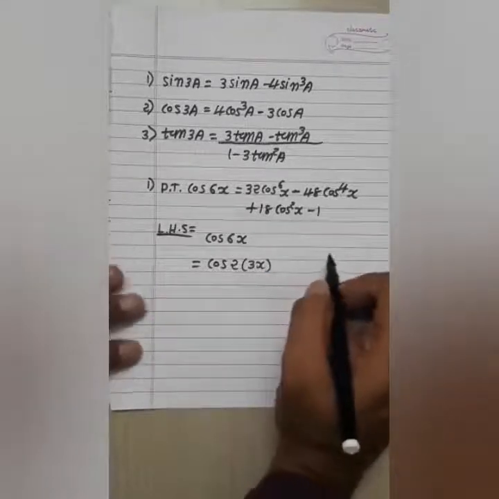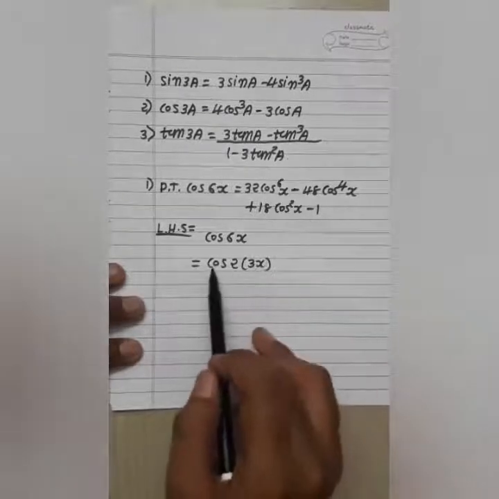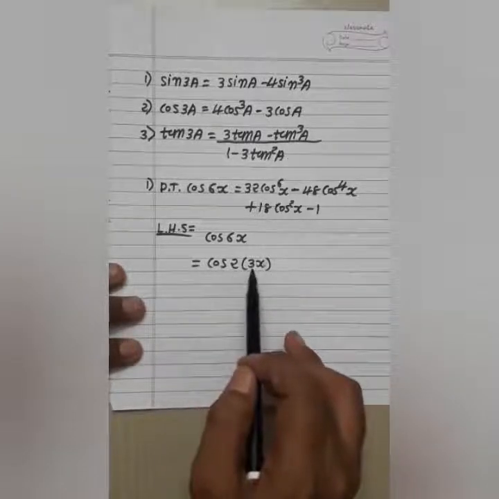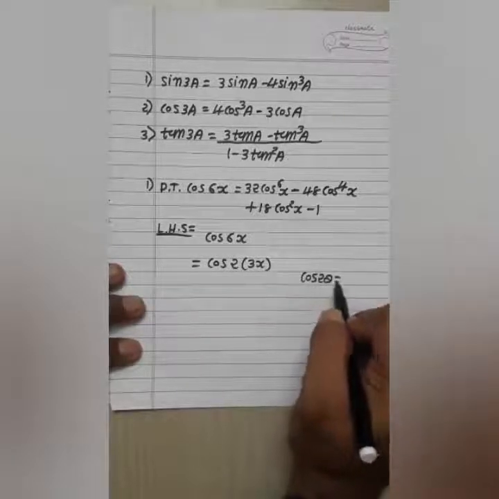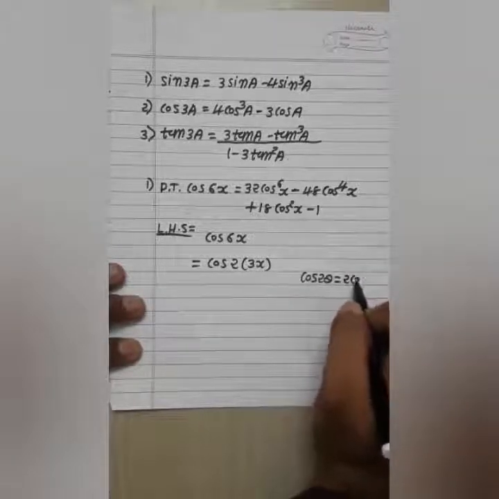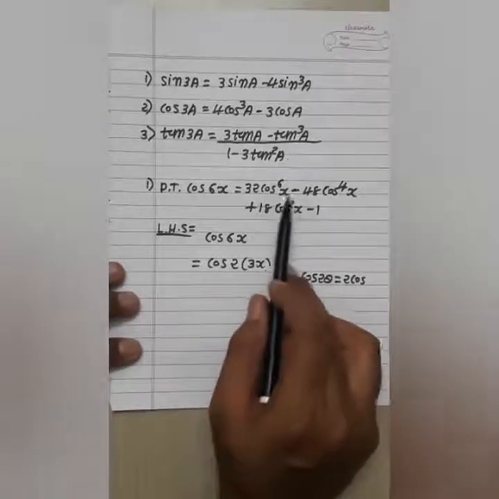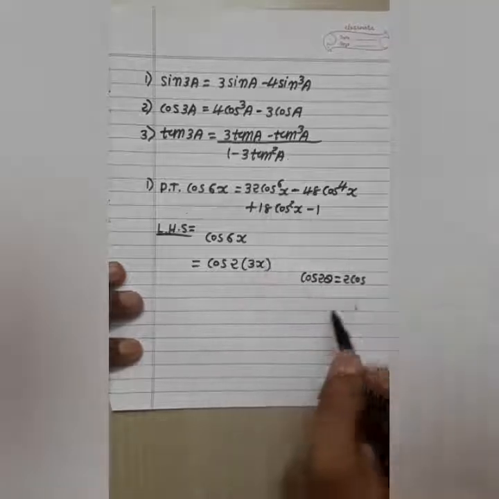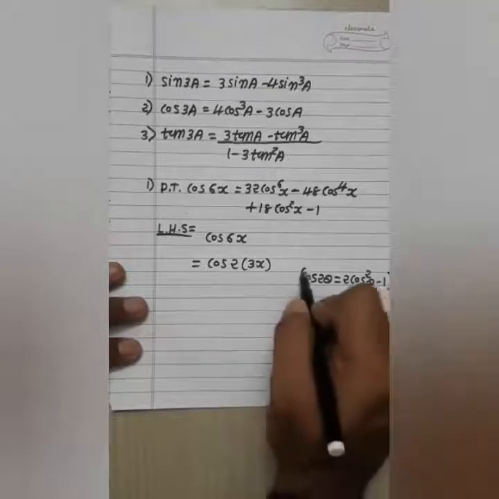Now our proof is in cos form, so here we apply the cos 2 theta formula. Total three formulas are present for cos 2 theta, but since our proof is in cos form, apply the identity cos 2 theta is equal to 2 cos square theta minus 1.